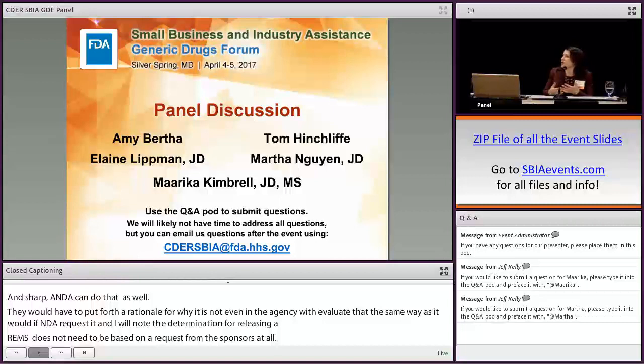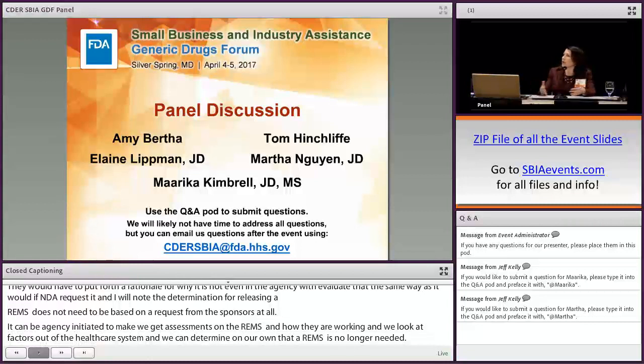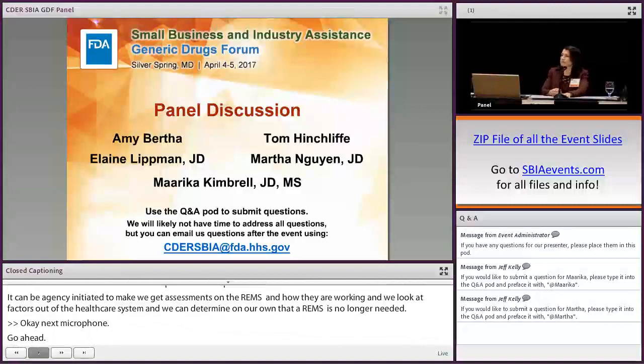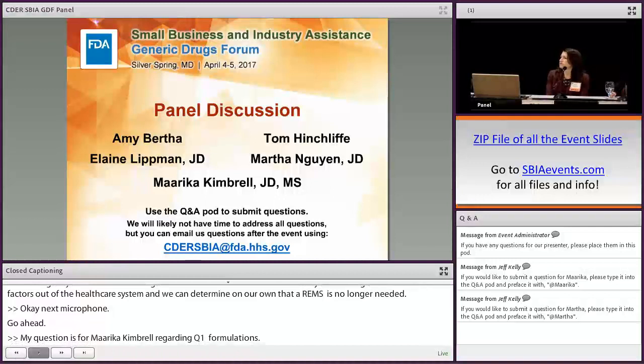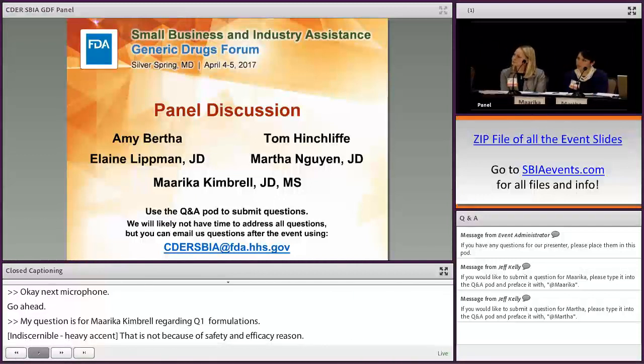So the question is, if you have a shared system, can both the ANDAs and the NDAs, can either side propose the release of a REMS? And sure, ANDAs can do that as well. They would have to put forth a rationale for why it's not needed, and the agency would evaluate that the same way it would if an NDA requests it.